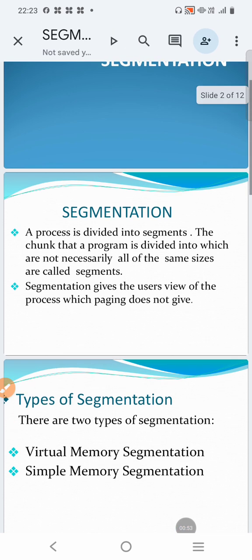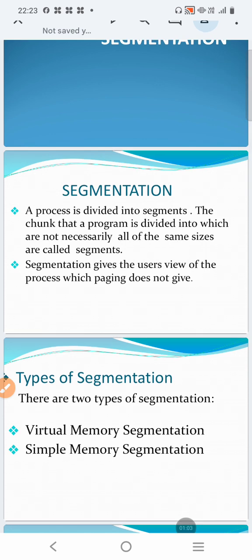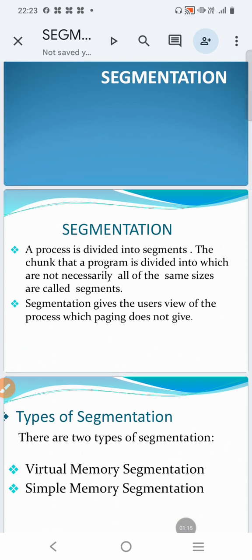It is not possible to execute a 10 GB process in 4 GB of memory locations. So the process is divided into a number of pages. Each page has a small size, so we can execute them in the memory locations accordingly. So why do we go for segmentation?